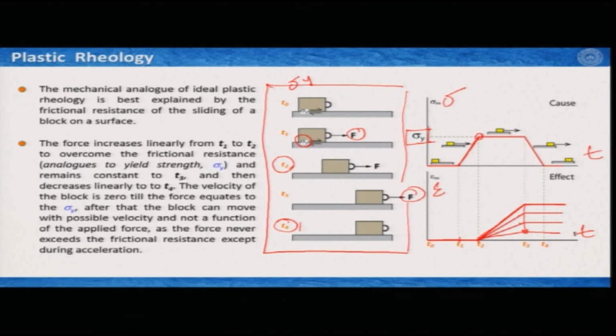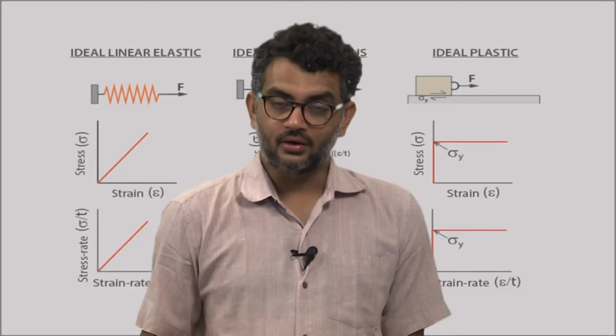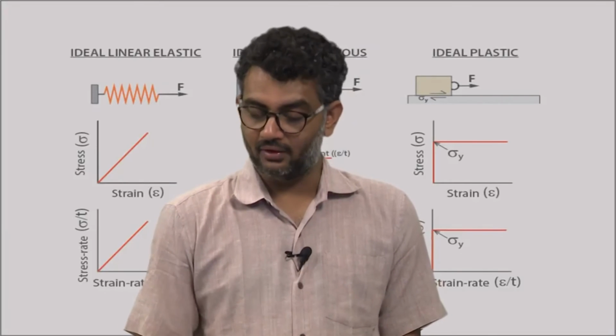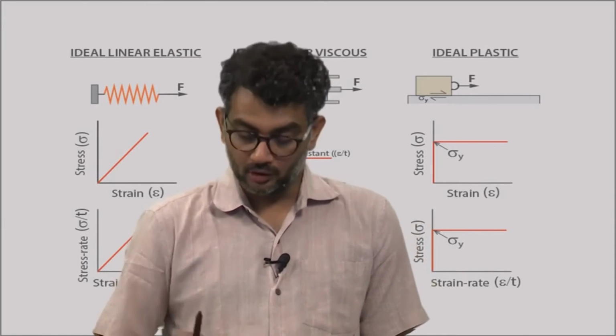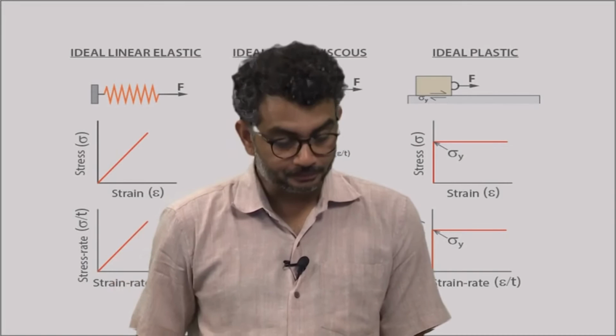After that, this is very important, the block can move with any possible velocity and not a function of the applied force, and this is why, as the force never exceeds the frictional resistance except during acceleration. So, if you have to accelerate this block, then you can increase the force and then you can have a certain curve, but otherwise it can move to any possible values.